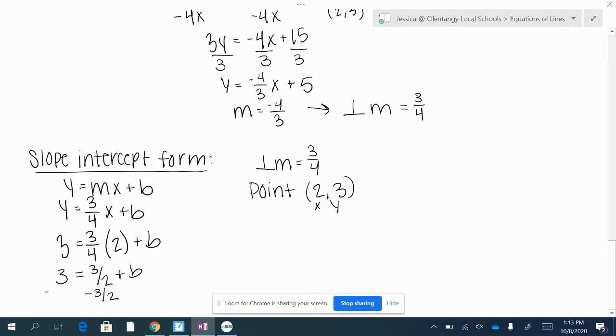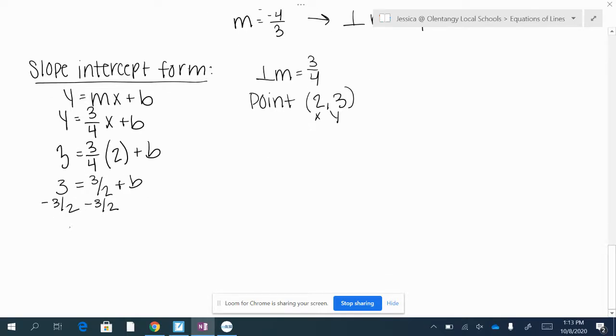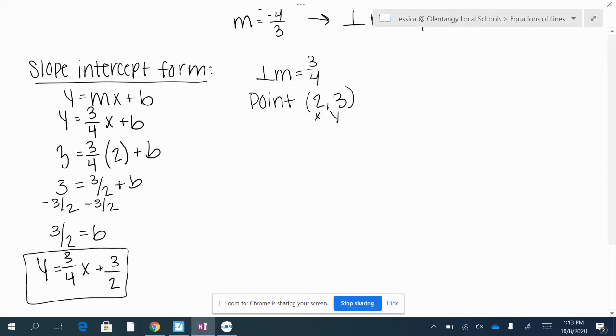Subtract 3 halves over, and 3 halves equals b. So then my equation will be y equals 3/4 x plus 3 over 2. That is my final equation. So that's using slope-intercept form.